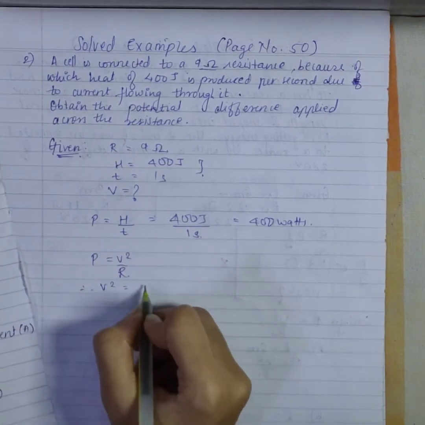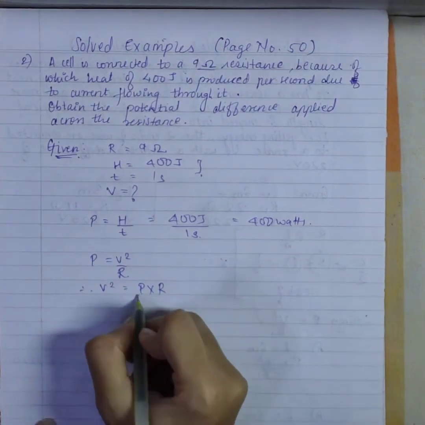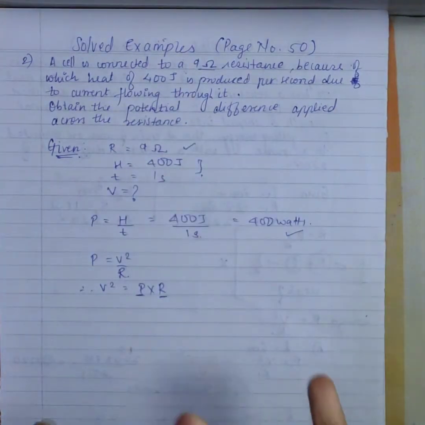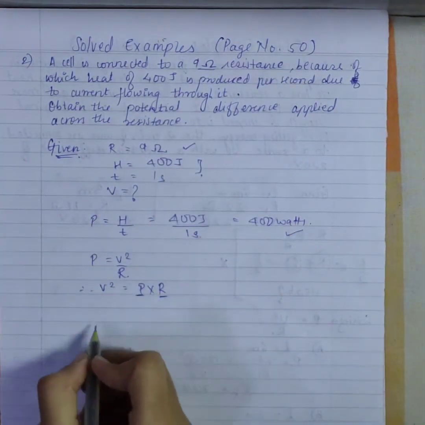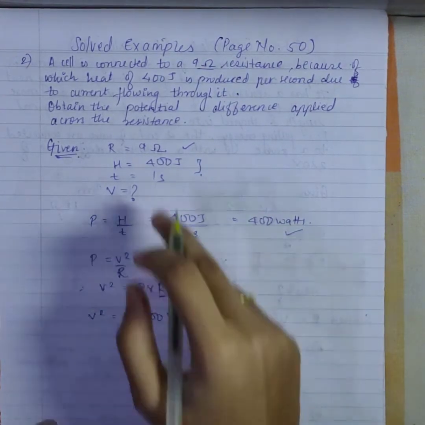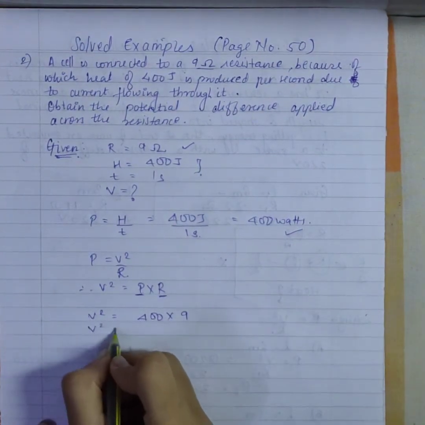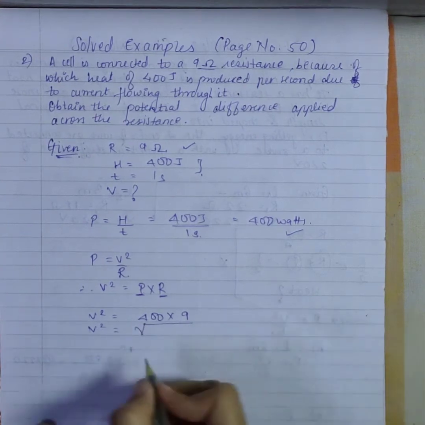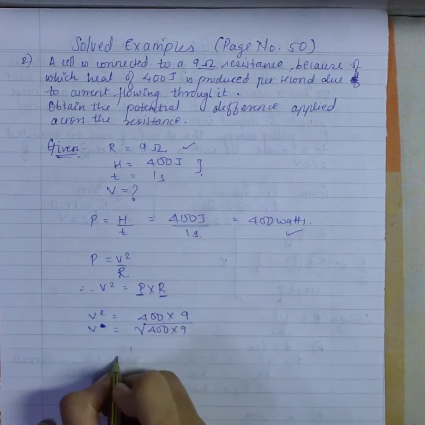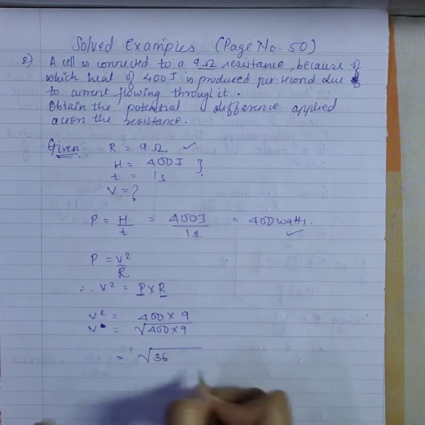Therefore V square is equal to P into R. Okay. Now what is it? You have your P with you. It is this. You have your R with you. It is this. So you can solve your V square easily. So your V square is equal to P, that is 400, into R, that is 9. So V is equal to square root of 400 into 9. 4 into 9, 36.